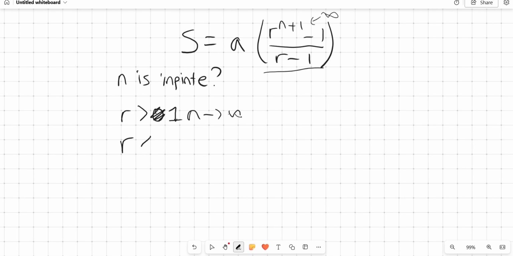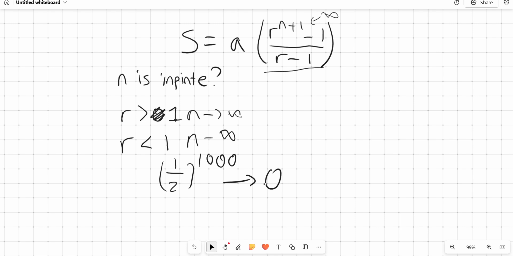If r is less than 1, then when n goes to infinity, this will go to 0, because like 1/2 to the bajillionth power just gets really, really close to 0.